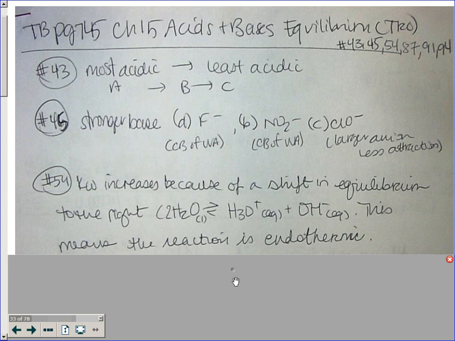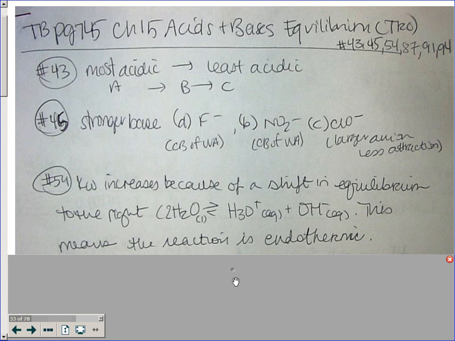But if you have a larger anion, because fluoride's really small, according to the atomic radius trend, which is getting to be more cumulative than we want to right now, fluoride is smaller than hypochlorite, so the larger anion will have less attraction for its H plus back. So a big ion has the nucleus really in the center of it, so a large anion can't attract the H plus back very well. So a smaller anion definitely can. So the stronger base should be hypochlorite though.